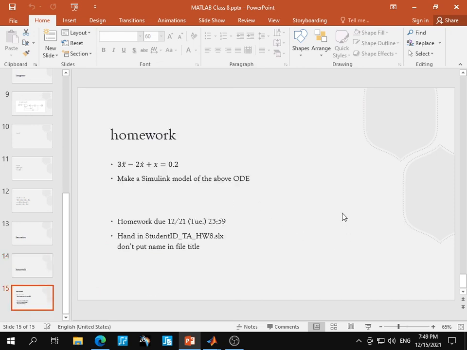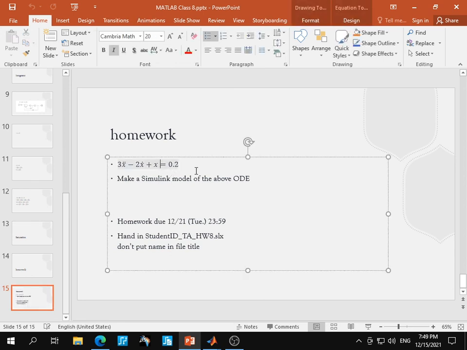Today's homework. This is all for today's class, and this is your homework. I have an ODE for you: 3x double dot minus 2x dot plus x equals 0.2.